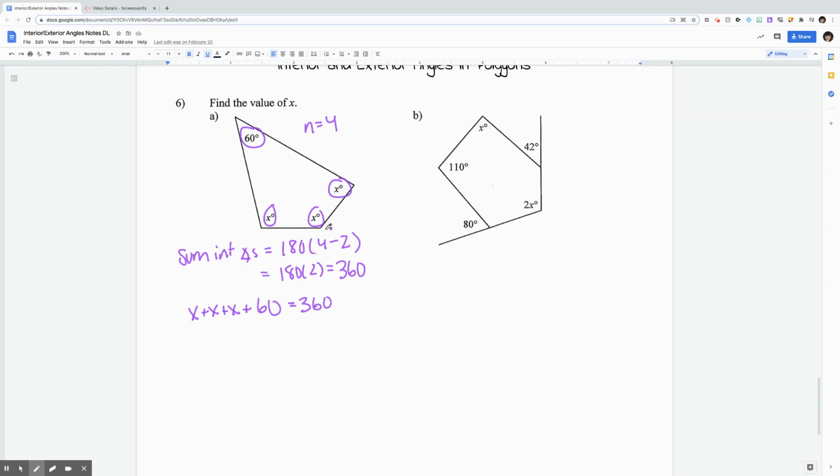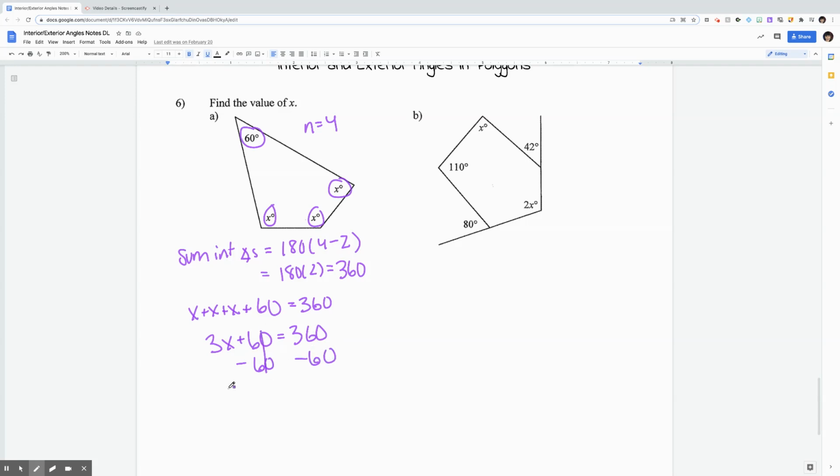Now, some of you may be able to do this in your head. I'm just writing out exactly what I'm adding, but some of you may want to skip to this step right here where you combine all of those x's into 3x. That's fine, right? I'm just writing out all of the steps so that you can see everything that I'm doing. And once you get to this point, this becomes an algebra equation that I need to solve, okay?